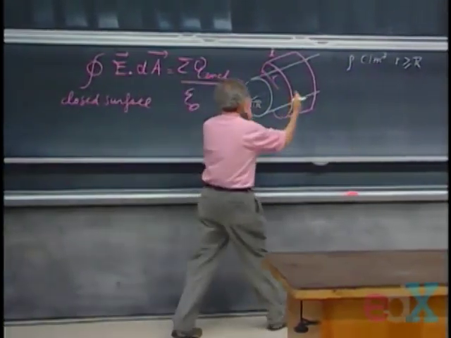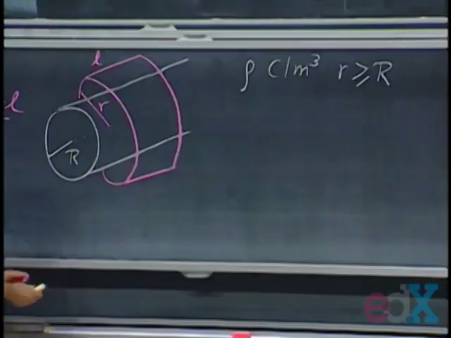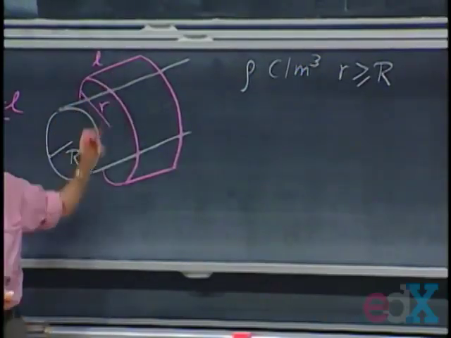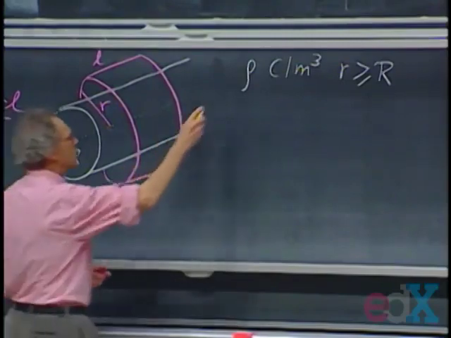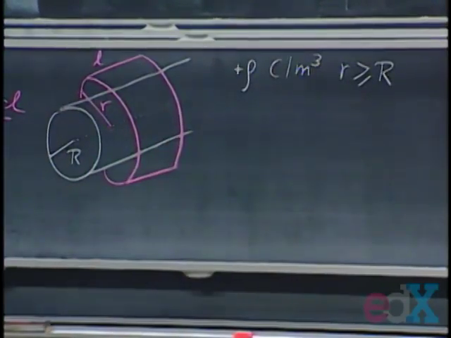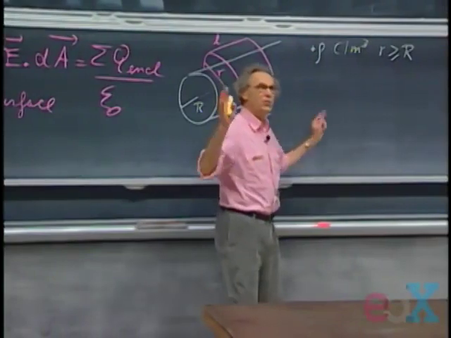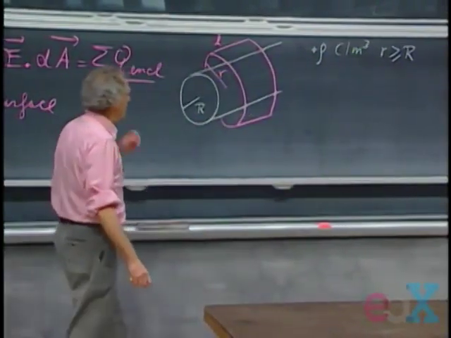So no flux can therefore get out here and get out here, but only through this curved surface. But on this curved surface, if it is a positive charge, then the E vector and the dA are in the same direction. If it is a negative charge, they are in opposite direction. Later you can change the sign of rho. Let's just make it positive for now.